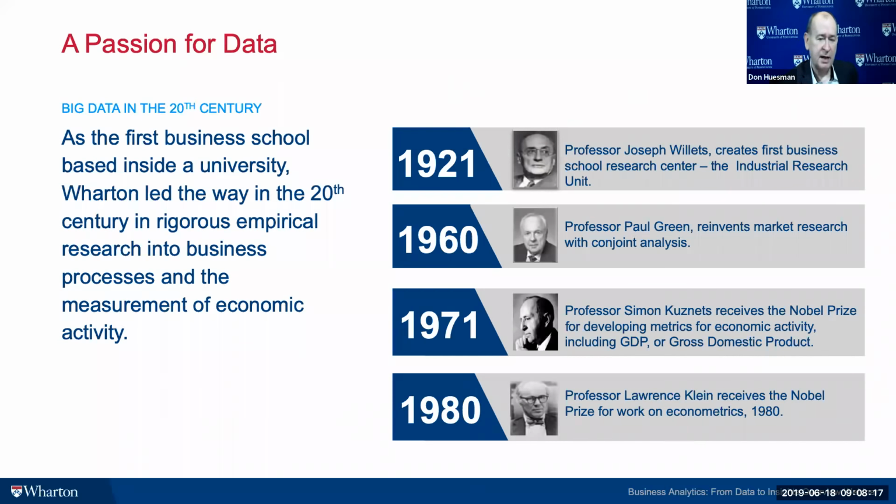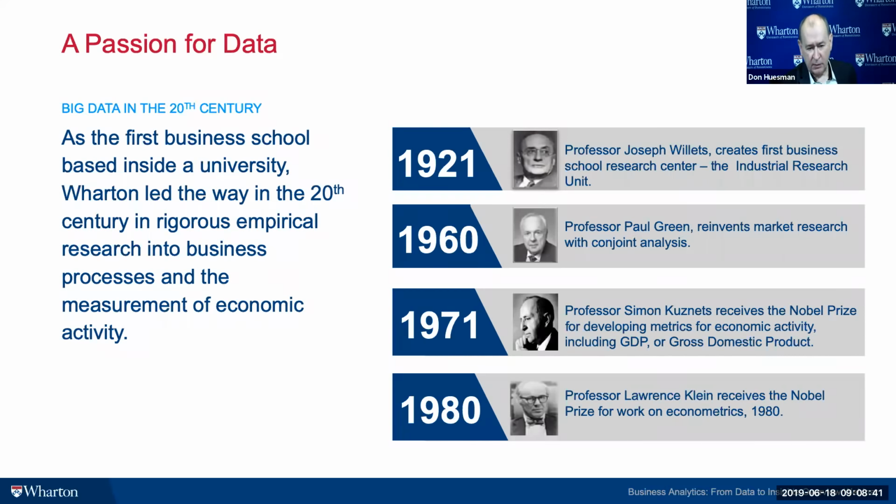And so this combination of a scholarly empirical research orientation with an applied set of students who were about to go into general management or leadership positions in the emergent economy of the post-industrial age of the early 20th century was at the heart of the school's mission at the time.